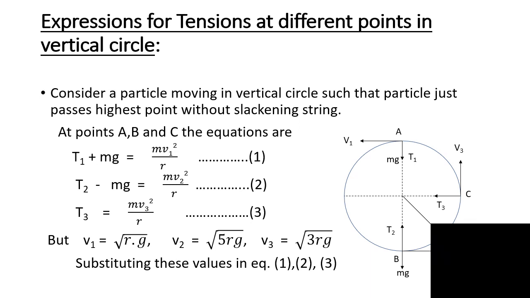So here at points A, B, C, the equations are: tension is acting in the same direction as weight. So T1 plus mg must be equal to mv1 square upon r. Second, T2 is acting in direction opposite to mg. So T2 minus mg must provide the centripetal force, mv2 square upon r.